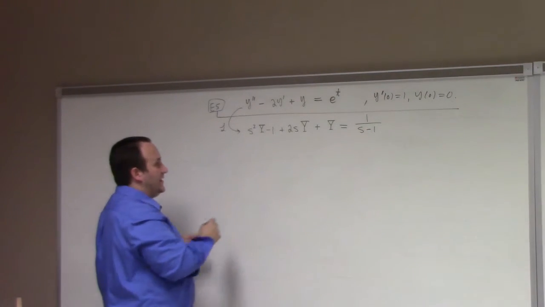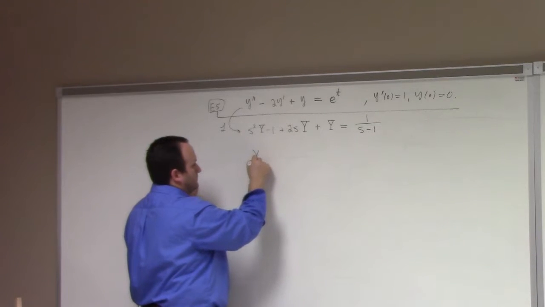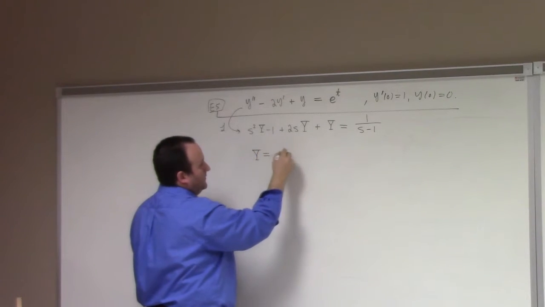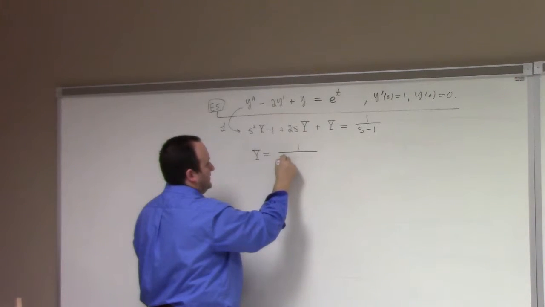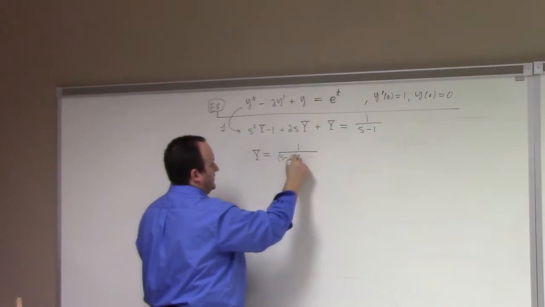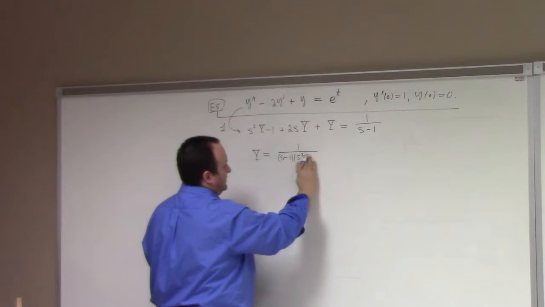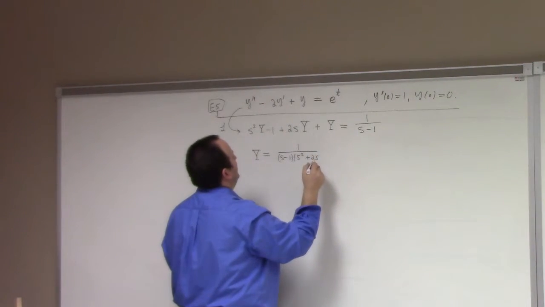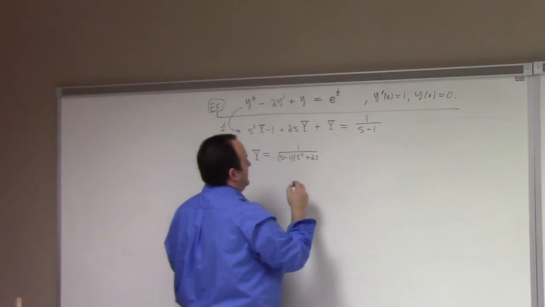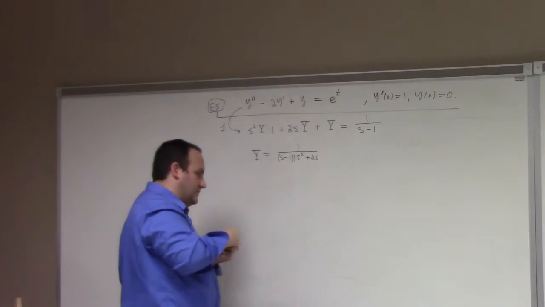So I solve for big Y. It's 1 over s minus 1 times s squared minus s squared plus 2s. I'm sorry, I can't do math. You guys, there's an error I made here, which is a significant one.